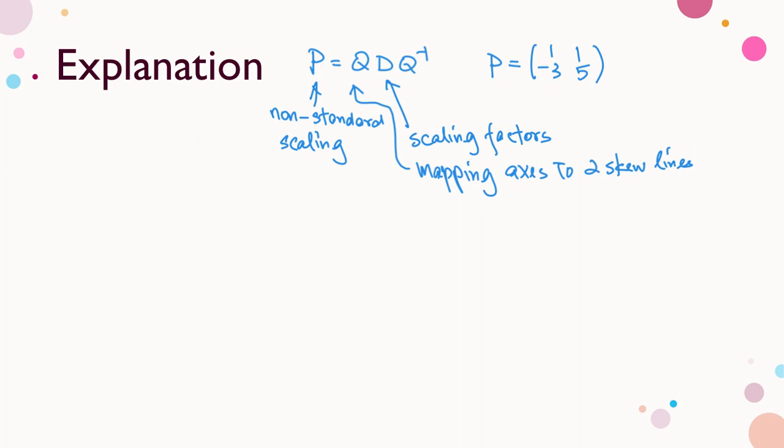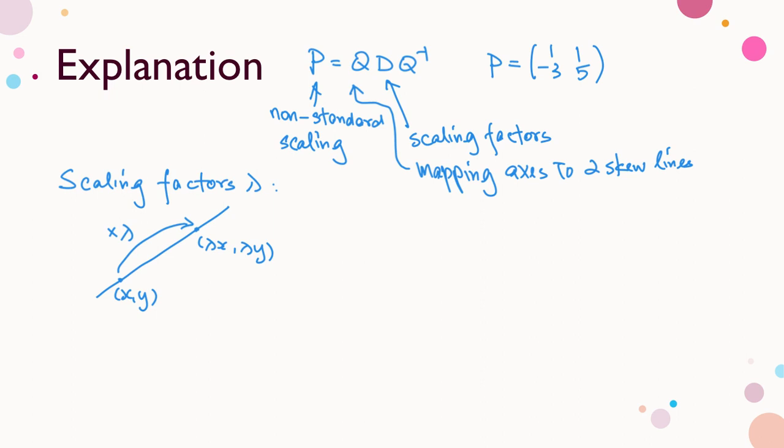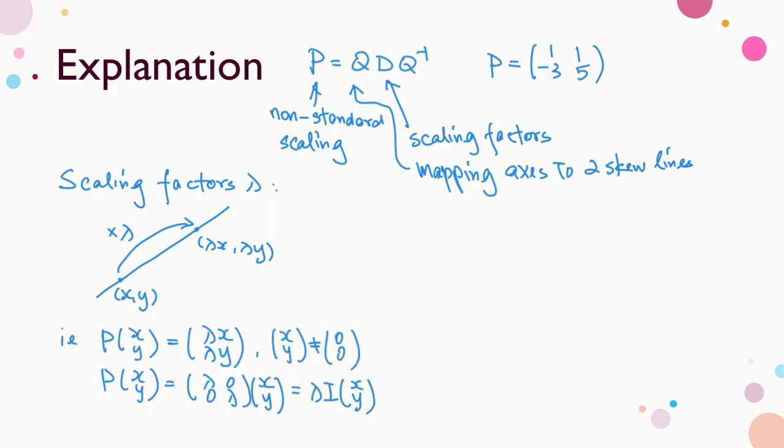To find the scaling factors, that is to find lambda such that a non-zero point x, y lying on a skewed line is mapped to lambda x, lambda y, rewrite the equation.